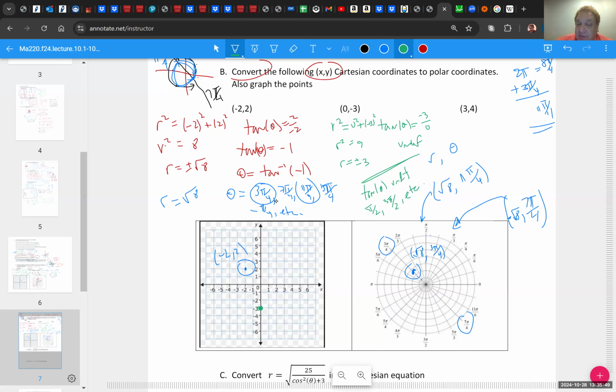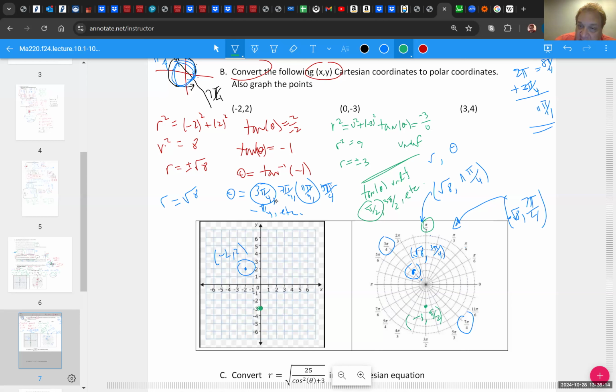So if we did pi over 2, we'd be sort of in the wrong place, right? Pi over 2 is here, so we'd have to have a negative r. So for this guy, we would have pi over 2 as our angle, and then the negative r, which would be -3. So down here would be our value of -3 and an angle of pi over 2.